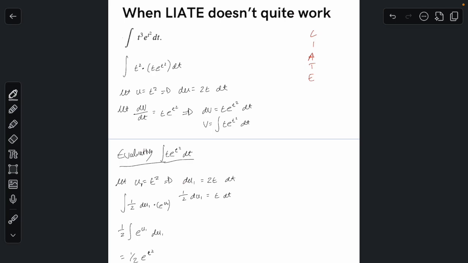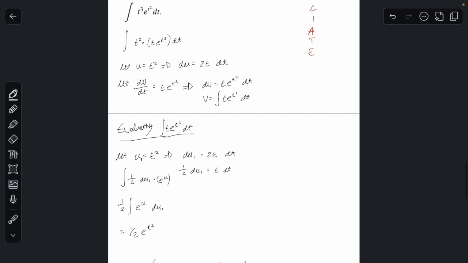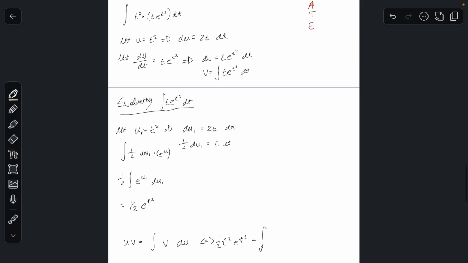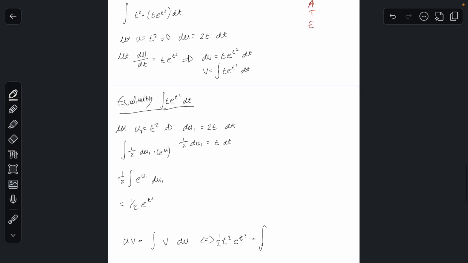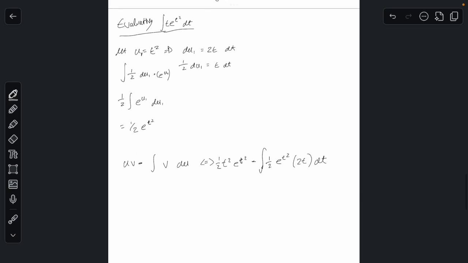And we can then say we're going to minus the integral of our v, which is a half e to the t squared, times du, which is 2t dt.